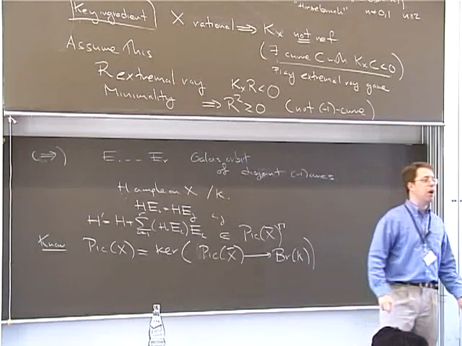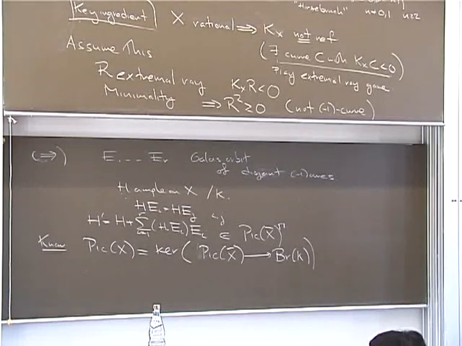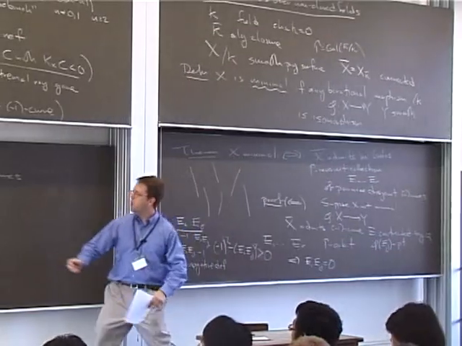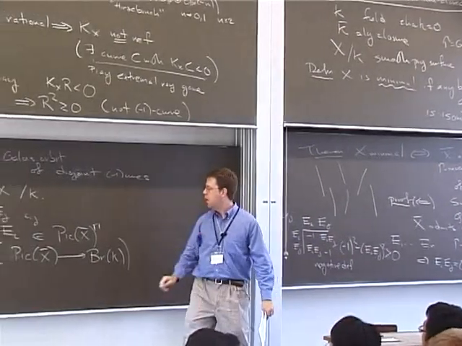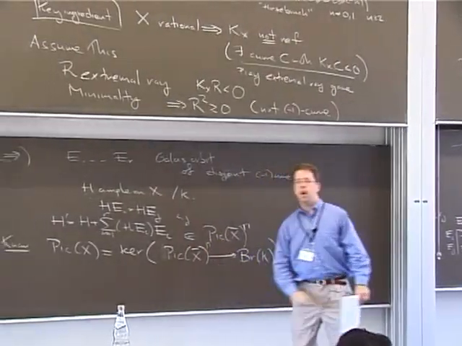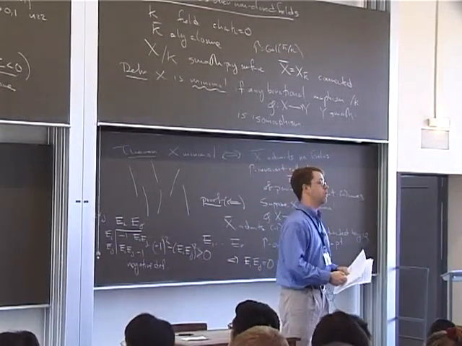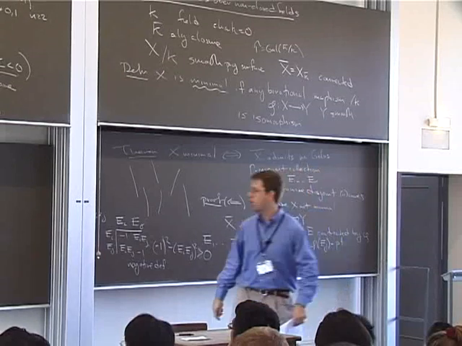Well, thanks to Andrew, I can use the Brauer group, right? He told you about the Brauer group. So we know that the Picard group of the variety is the kernel of the map from the invariant part of the Picard group to the Brauer group.